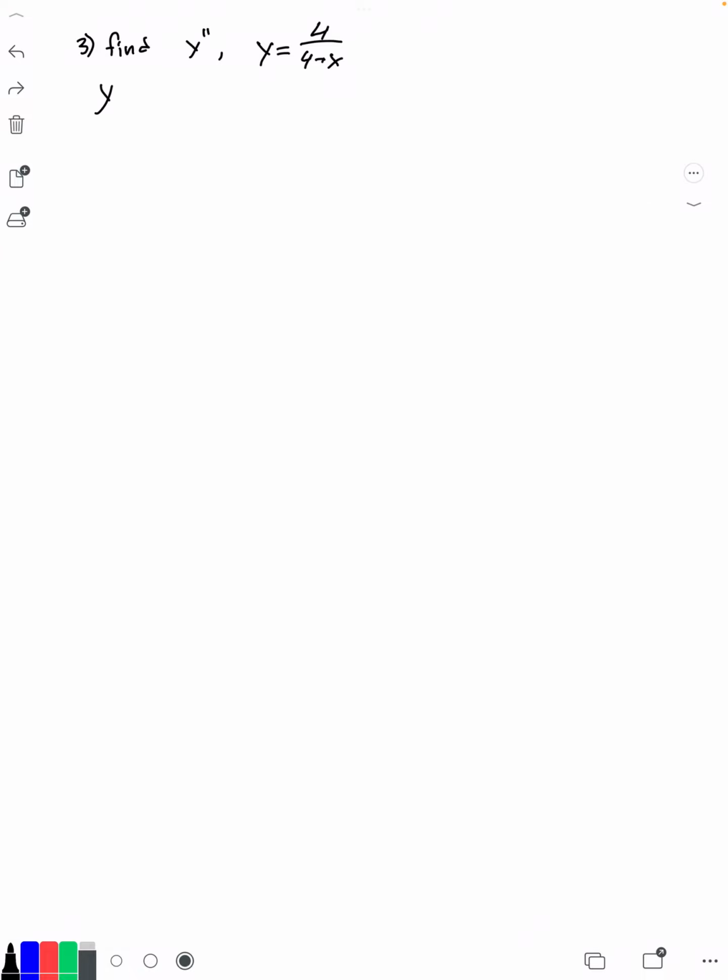We can rewrite 4 over 4 plus x as 4 multiplied by 4 plus x to the power of minus 1. So we brought 4 plus x up, and instead of being to the power of 1, it was to the power of 1, so now it becomes the power of minus 1.